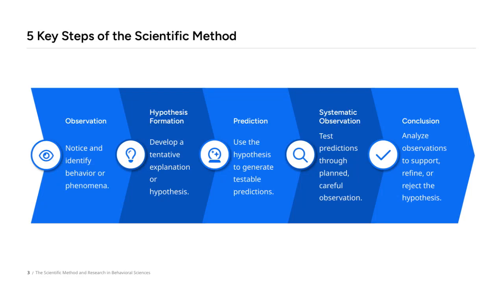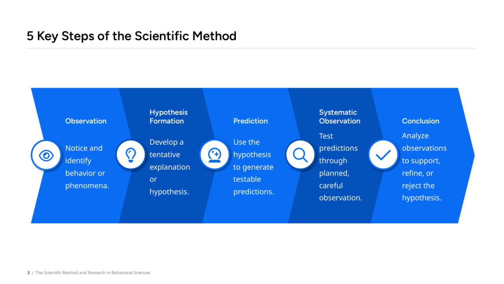The scientific method follows 5 key steps that help us explore and understand phenomena in a structured way. First, observation involves noticing and identifying behaviors or events that catch our attention. Next, based on these observations, we form a hypothesis, a tentative explanation that we can test. From this hypothesis, we make predictions, which are specific statements about what we expect to happen if our hypothesis is correct.